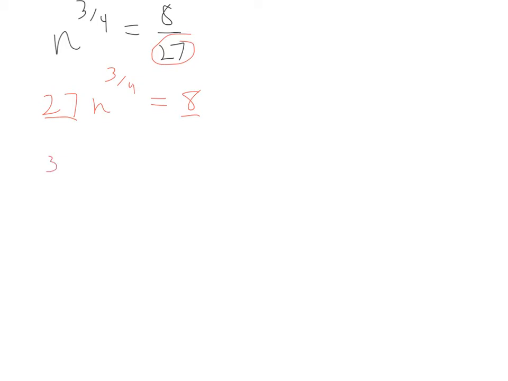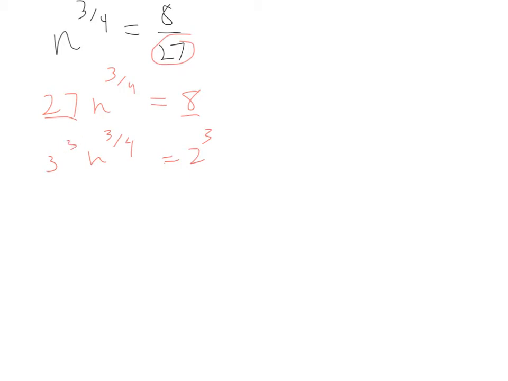So here we'll have 3 to the power of 3, n to the power of 3 over 4, and that equals 2 to the power of 3. Now, what we're doing here on the left is we're multiplying two numbers and they've got some powers. What we can do, we can take a power out as a common factor, and that power is going to be 3.